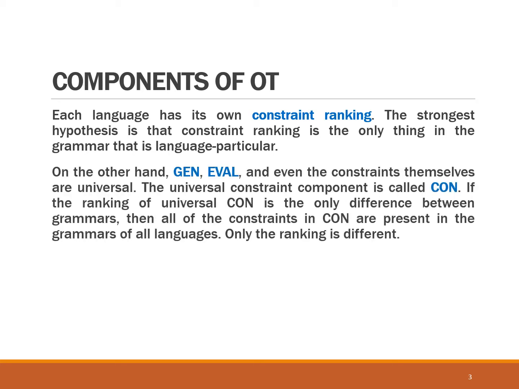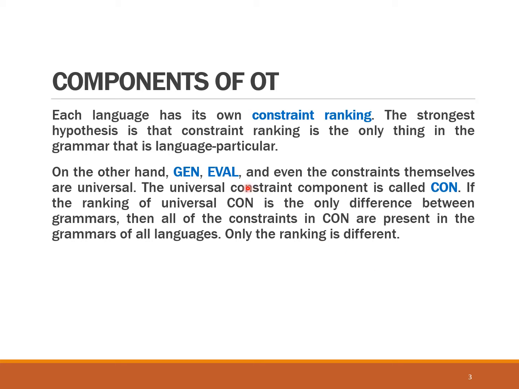On the other hand, Zen, Eval and even the constraints themselves are universal. So the Zen component is already there in the knowledge of a person who speaks a language. The eval component is also there because it has the capacity to evaluate a candidate set. And the constraints, as we have already learned, are universal.